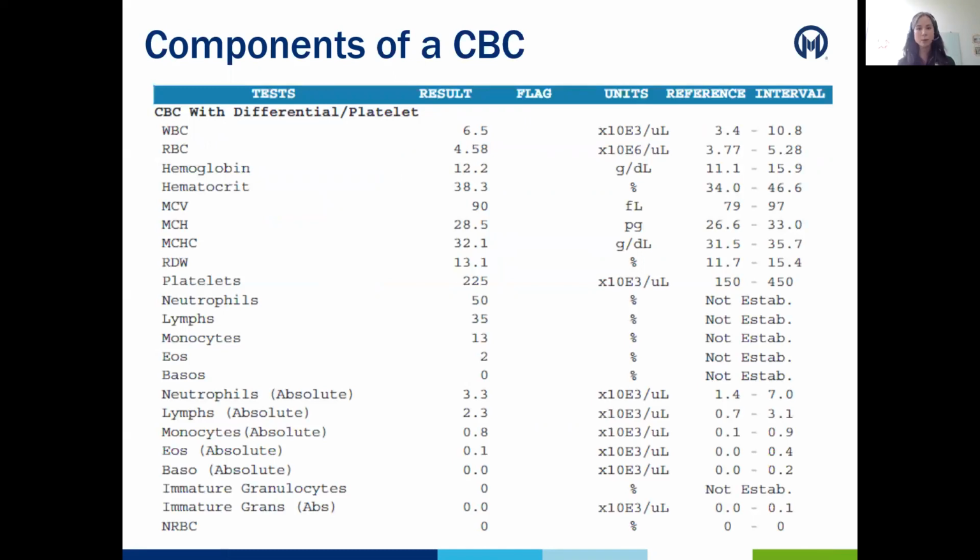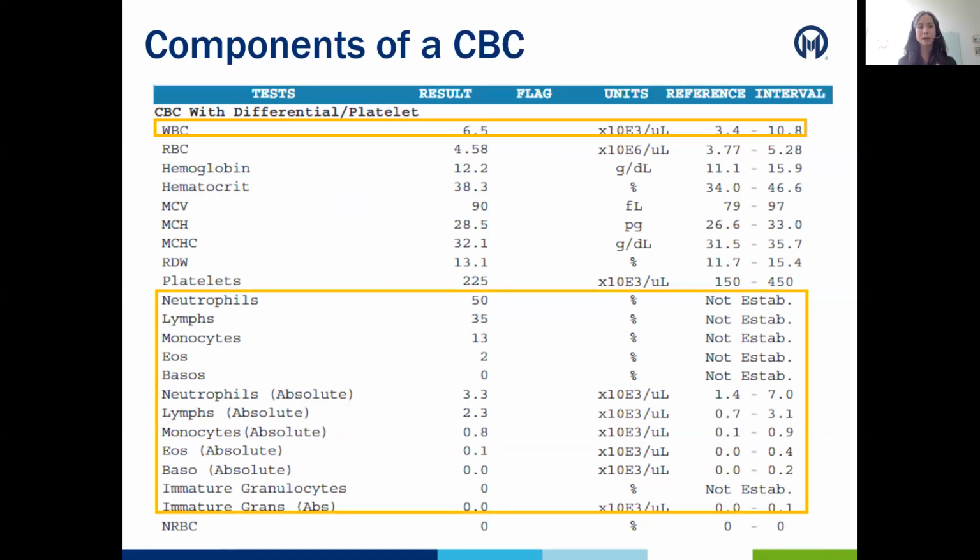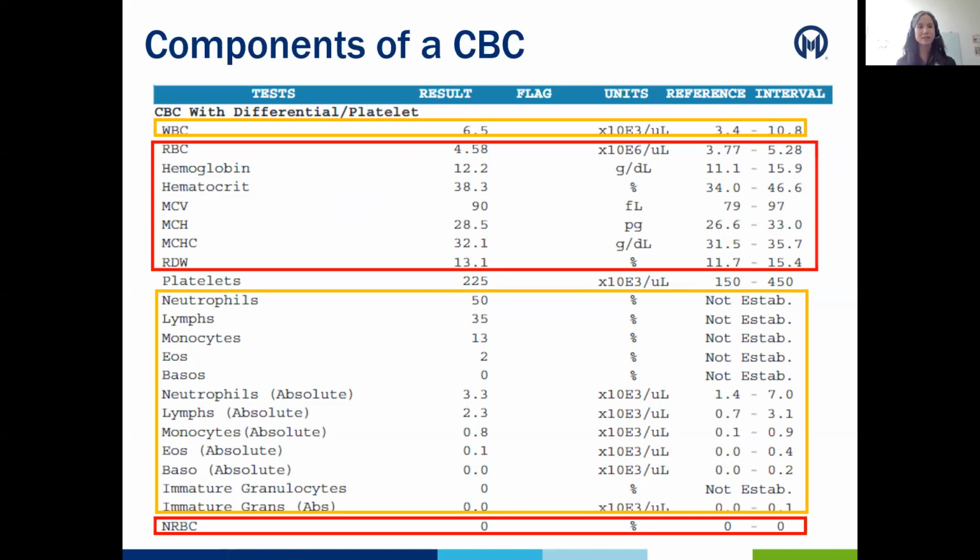Now, here's just a sample report that lists all of the common reported elements on a CBC with diff. There's the white blood cells, where you can see the total white blood cell count at the top. And then we see the differential part, where it lists the counts for all the types of white blood cells, including the neutrophils, lymphocytes, monocytes, etc. And then there's the red blood cell components, where we typically measure red blood cells primarily by hemoglobin and hematocrit that are reported.